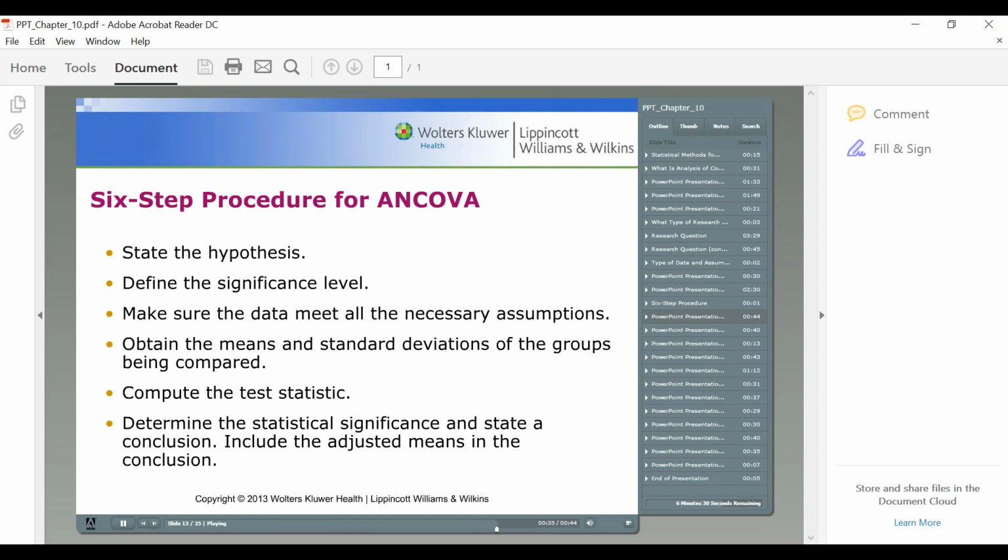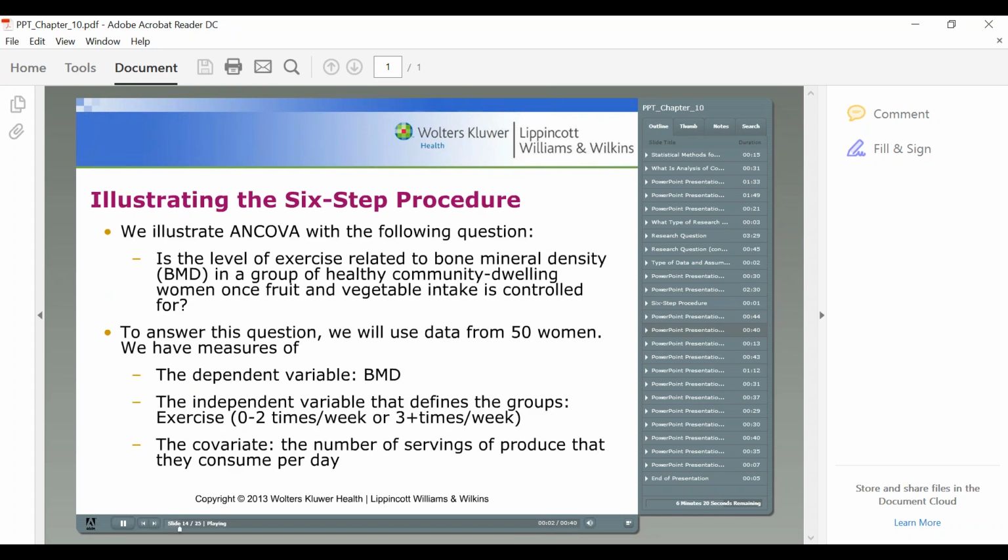We're going to obtain the means and standard deviations. These are descriptives. We'll compute the test statistics, and then we'll look at the significance, to determine whether or not the results happened by chance or not.